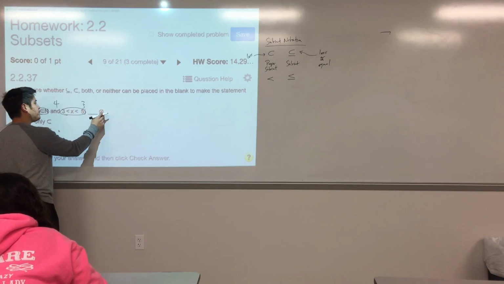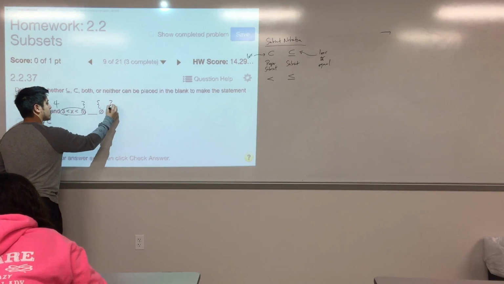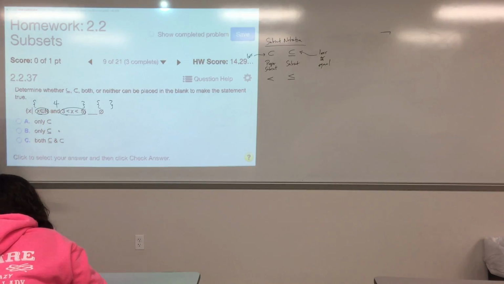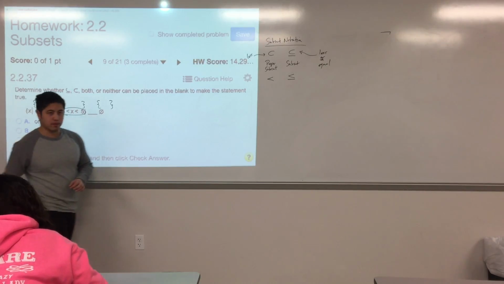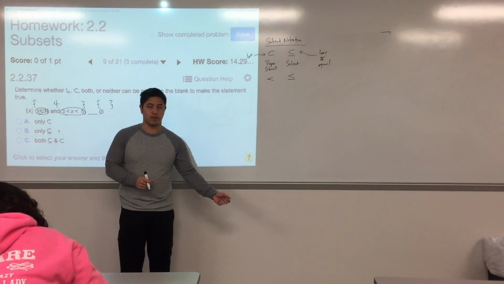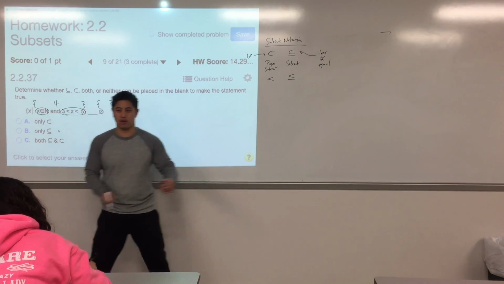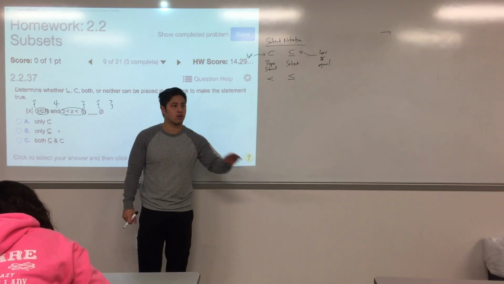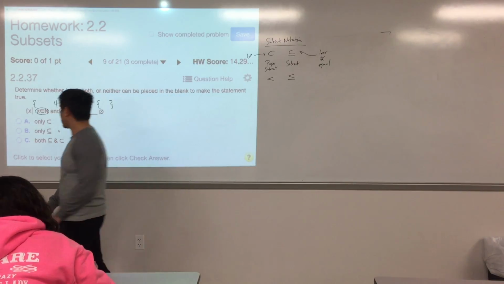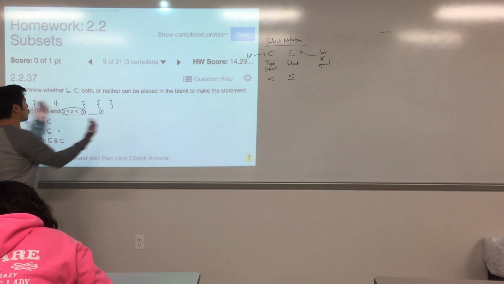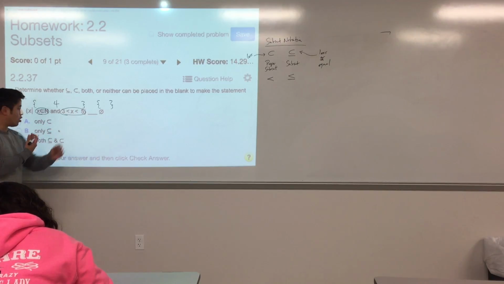What is this one? An empty set. Okay, now a moment ago, I said that the empty set could be a part of something. But can a set that has something be a subset of a set that doesn't have anything? No, it cannot. So pay close attention to that. Now, if I reversed it, would that work? It would.